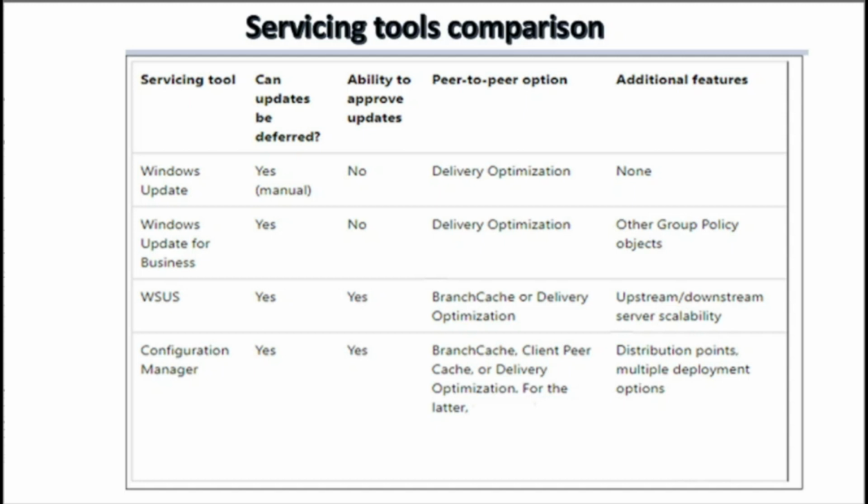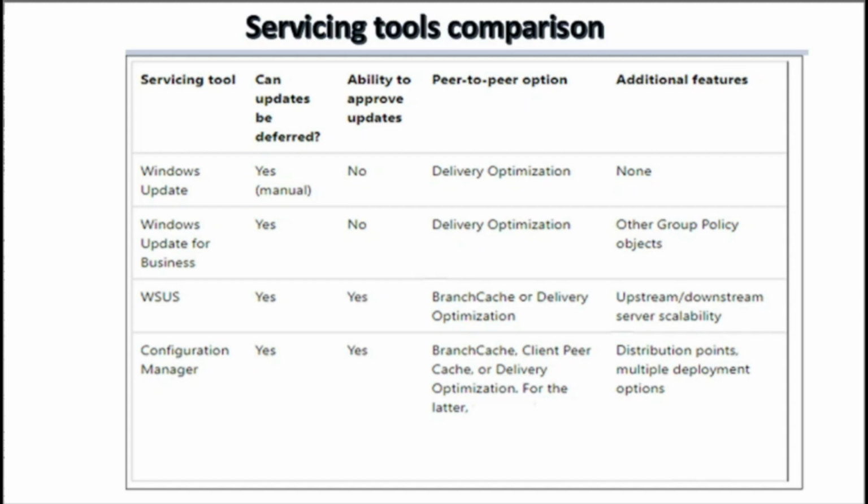The next servicing tool is SCCM, which is also known as Configuration Manager. This is the most popular and used tool in almost all big organizations for patch management. SCCM provides the greatest control over servicing Windows as a service. We can defer updates, approve them, and have multiple options for targeting deployments and managing bandwidth usage and deployment times.